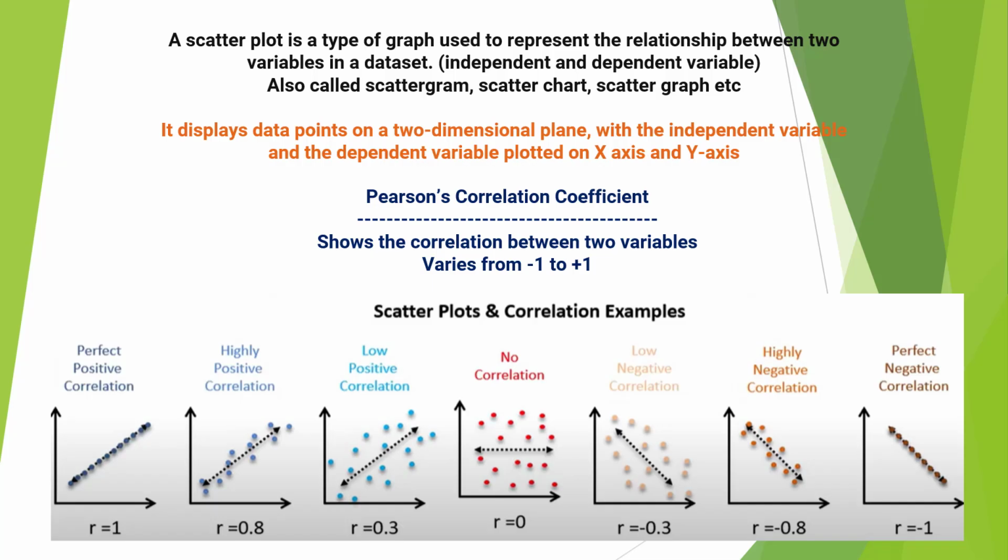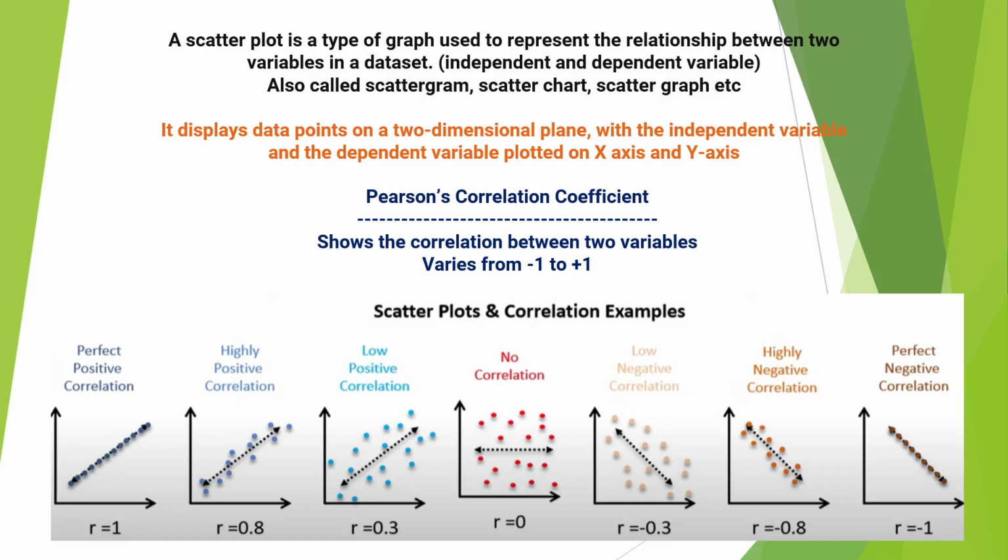You can see that all the data points are strictly lying on the straight line, and that is why it is perfect positive correlation. Perfect positive correlation means that if there is a change in the value of X, there will be the same proportional change in the value of Y as well. So that is your perfect positive correlation.